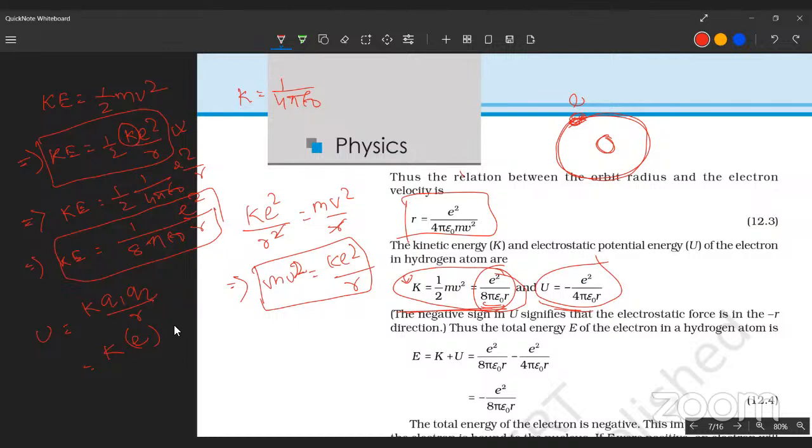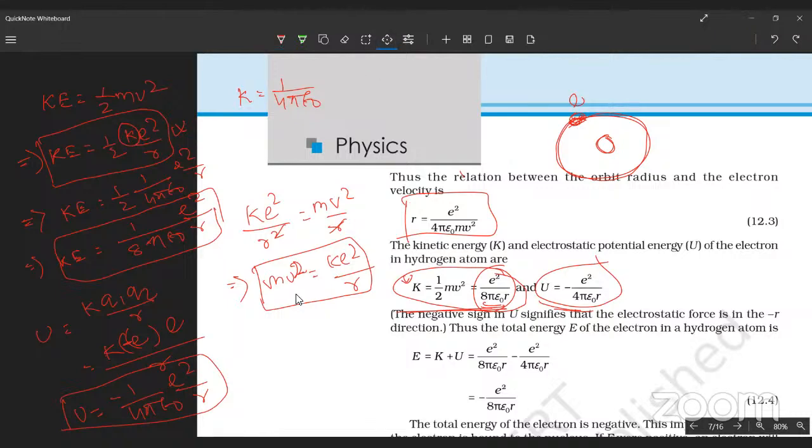Again, for the hydrogen atom, Q2 is E and Q1 is minus E, and the distance between them is R. If I replace K, it is 1 by 4 pi epsilon naught, E square by R. This is the potential energy.